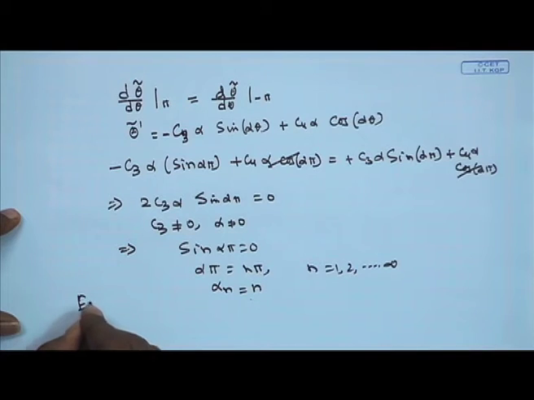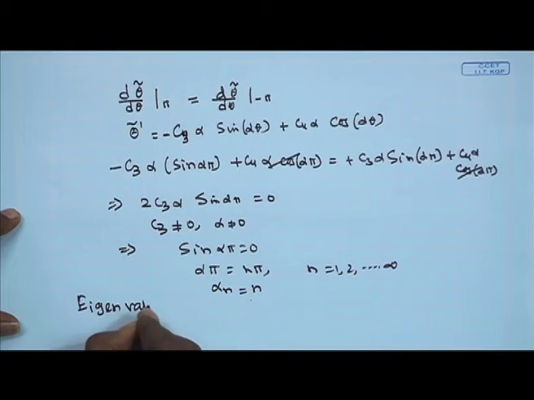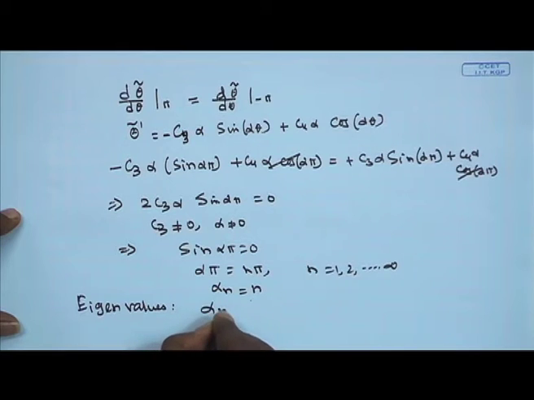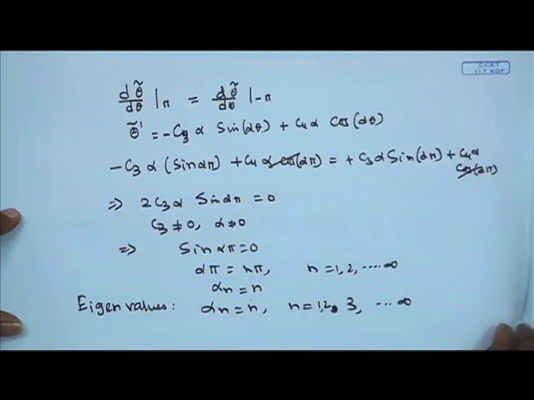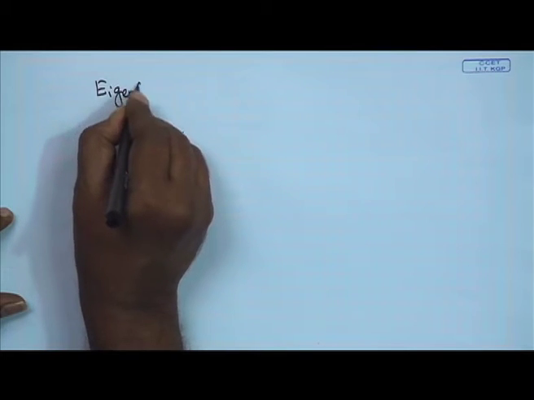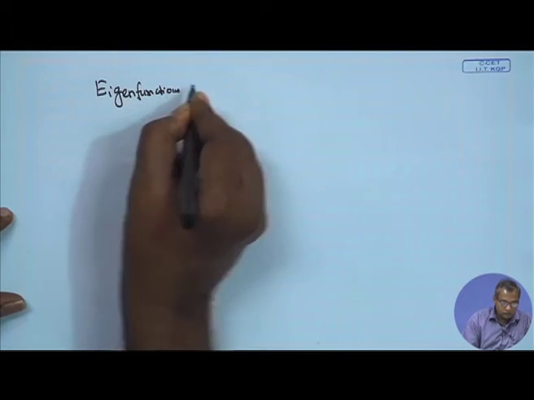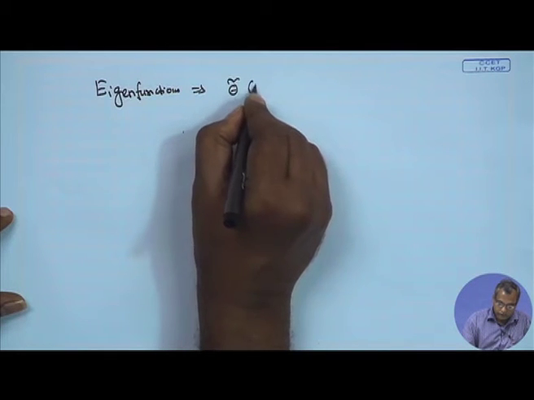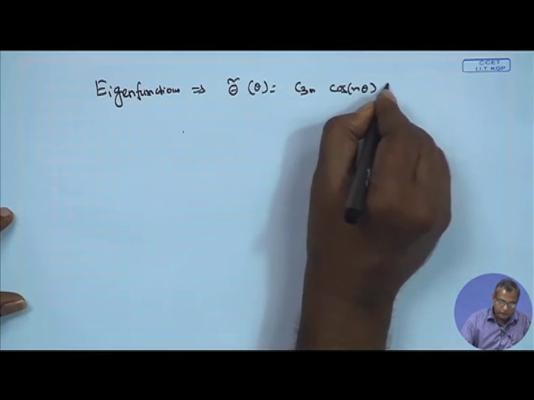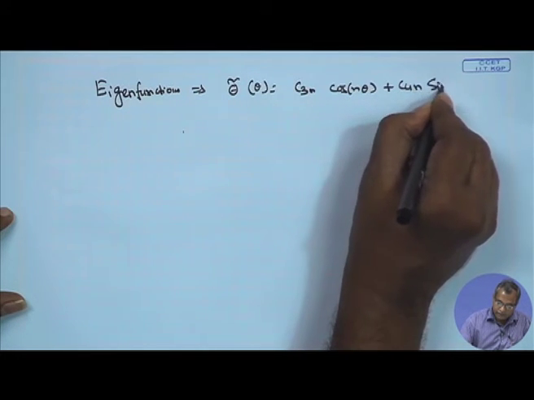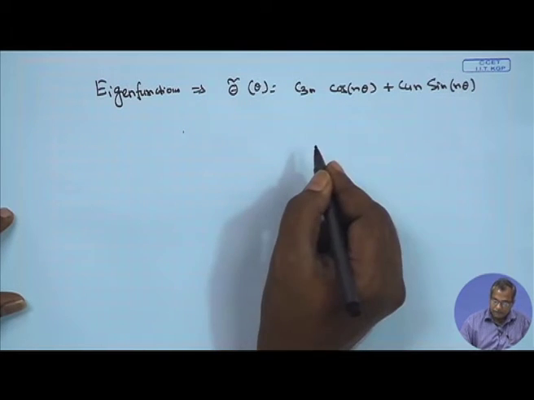So the eigenvalues of this particular problem are alpha n is equal to n, where n is equal to 1, 2, 3 up to infinity, and the corresponding eigenfunctions are theta hat of theta equal to C3n cosine n theta plus C4n sin n theta, because alpha has now become n.